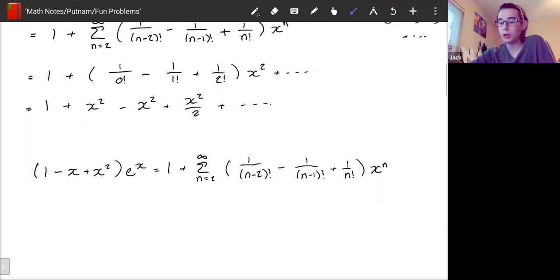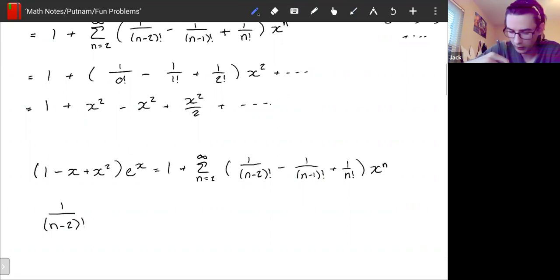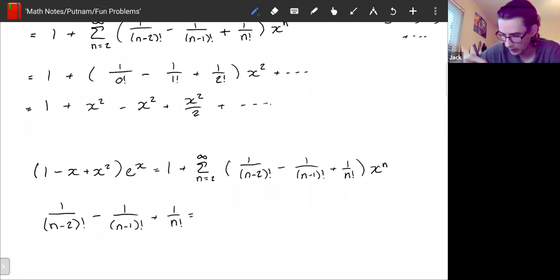So let's look at what the coefficient will sort of look like, right? Because right now we have it as a sum of fractions. Let's try to consolidate all of that into a singular fraction. So we have 1 over n minus 2 factorial minus 1 over n minus 1 factorial plus 1 over n factorial. And that's just going to be find a common denominator, right?